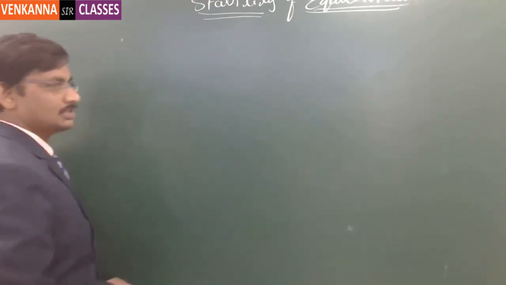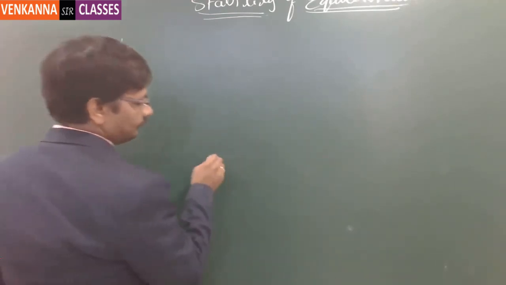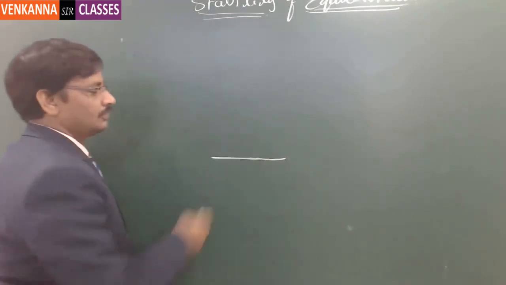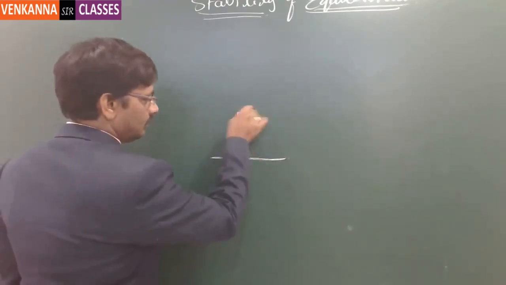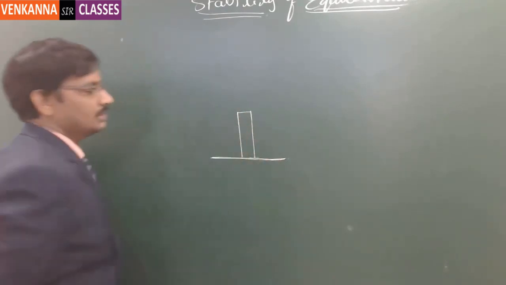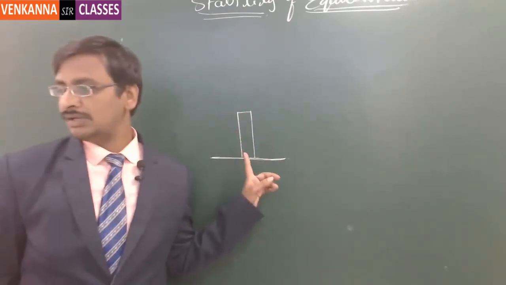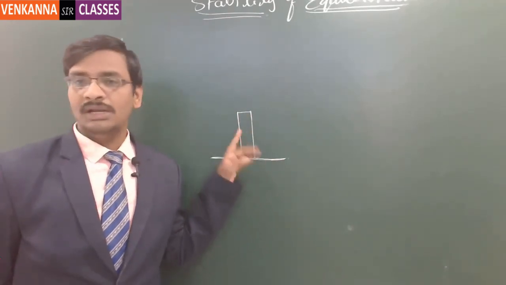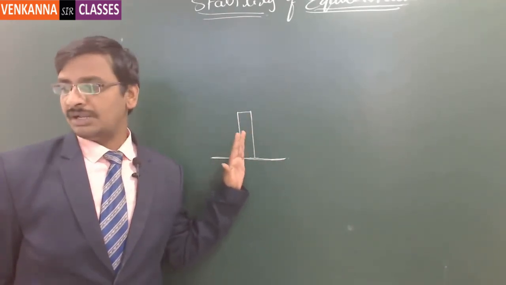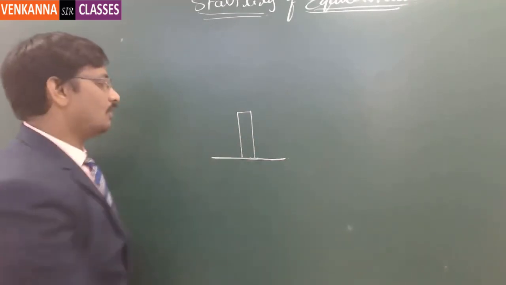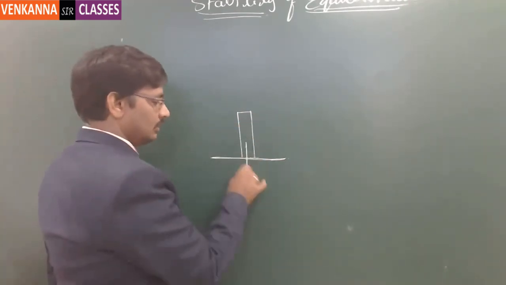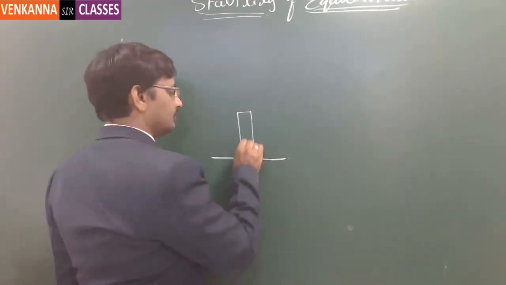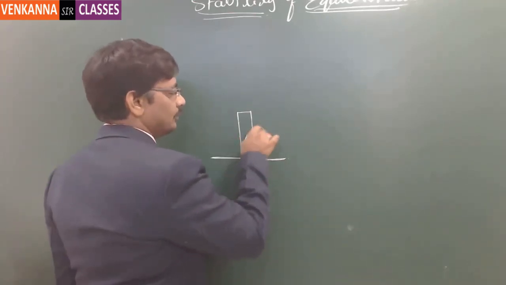Suppose I take this particular scenario. Let us say there is a base like this, and I have given a rod, and by balance I tried putting it in this particular manner. Now it is under balance condition, and I left it like this. On this rod, the weight acts downwards and the normal reaction acts upwards.